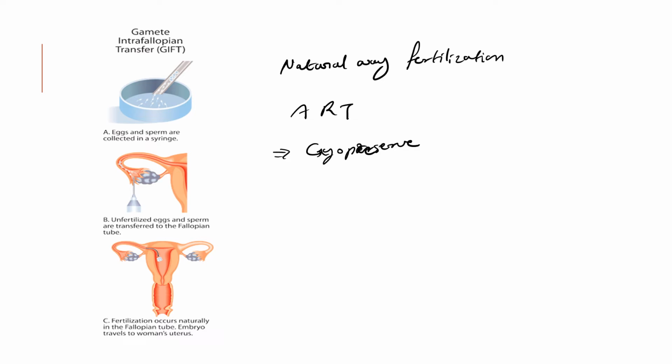So this cryopreserved egg could be used in future for embryo development, and the lady does not want to go for an artificial fertilization in that case. Sometimes, in case of artificial insemination, the sperms are also released directly in the fallopian tube.